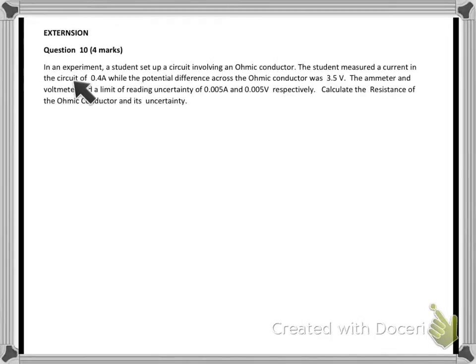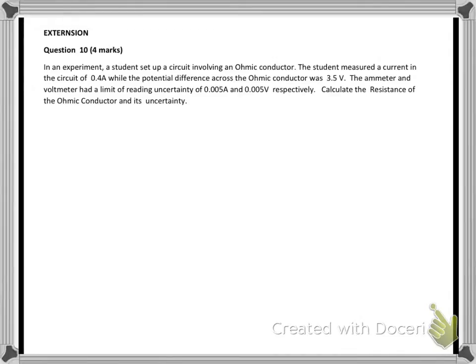In an experiment, a student set up a circuit involving an ohmic conductor, and the student measures a current in the circuit to be 0.4 of an amp, while the potential difference across the ohmic conductor is 3.5 volts.